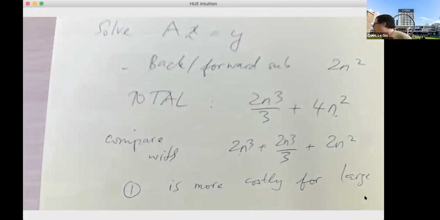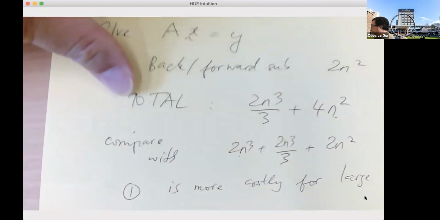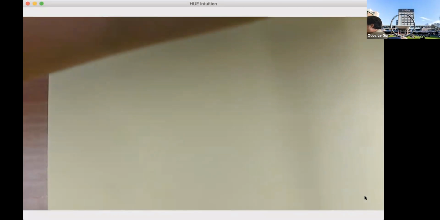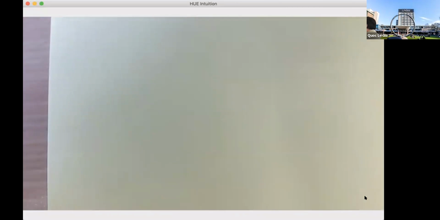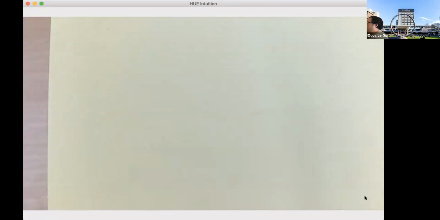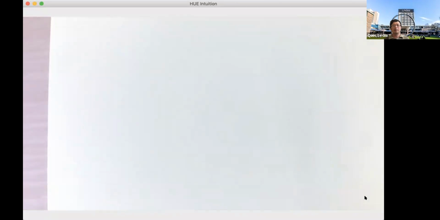So we have to prove it. Let me prove it on a piece of paper, because we cannot do this by MATLAB. How do we do it?